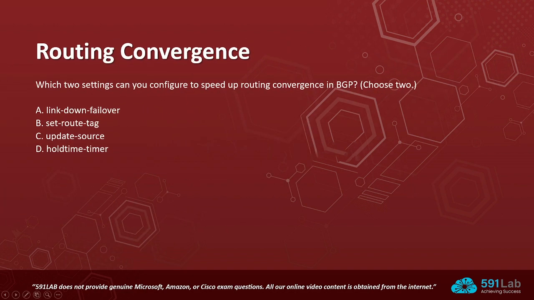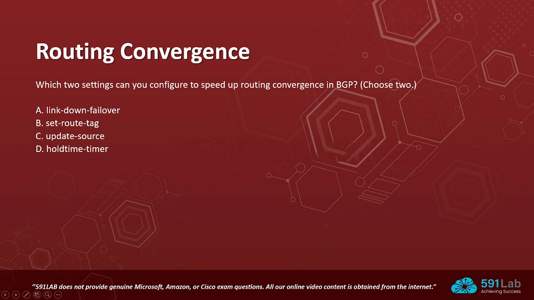For the next one, we have routing convergence, and which two settings can you configure to speed up routing convergence in BGP. We have to choose two answers. So we have different options like link down failover, set route tag, update source, and hold time timer.